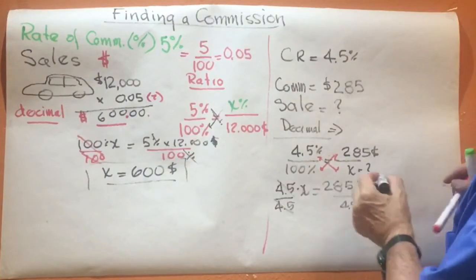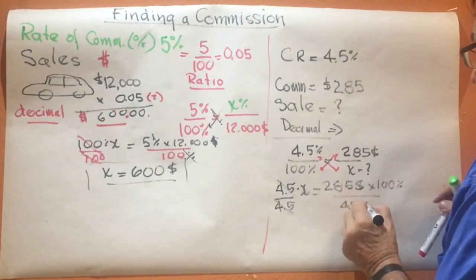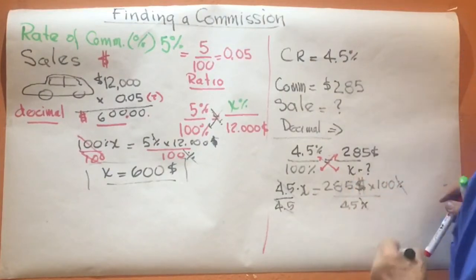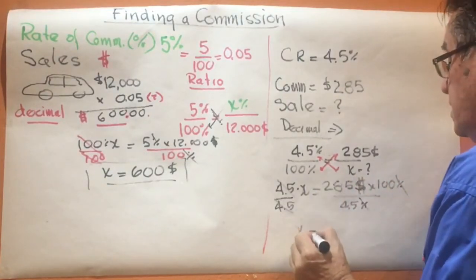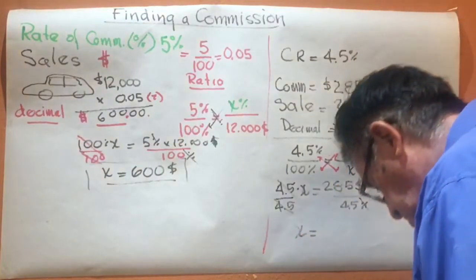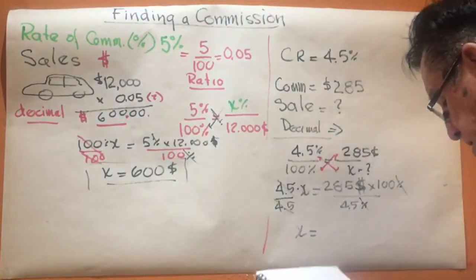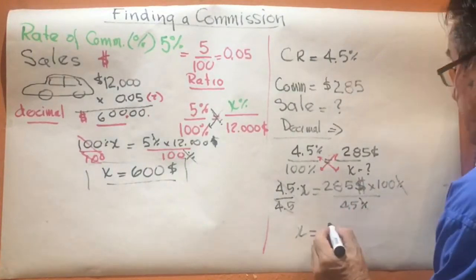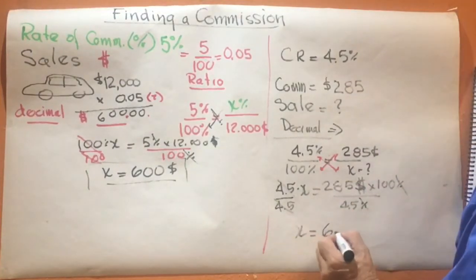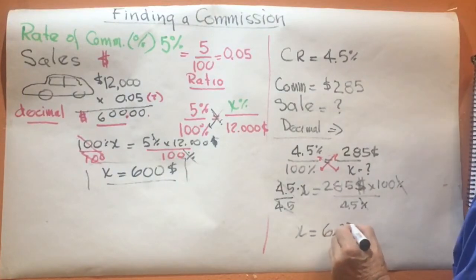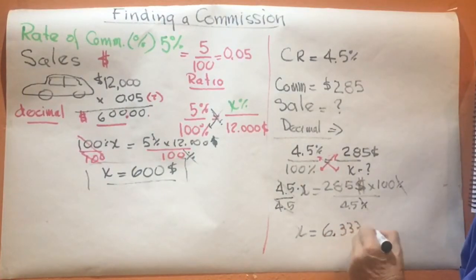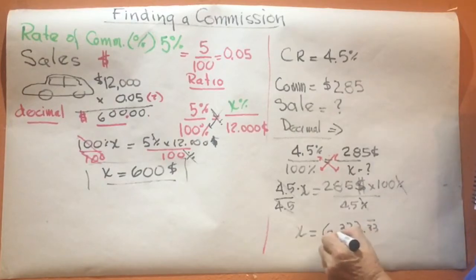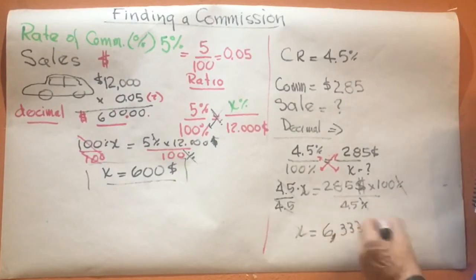Now we have canceled these percentages, and the only unit I will have will be dollars. If I do all this multiplication, my answer will be that the amount of sales was $6,333, repeating, a number that's going to be repeated.